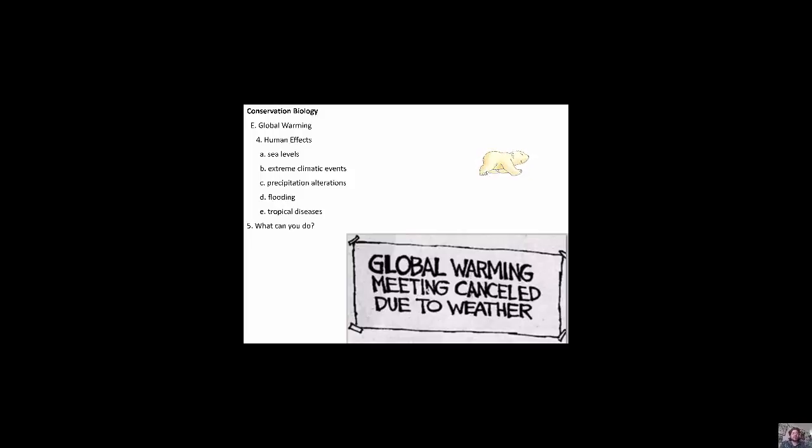So what can you do to try and manage global warming on your own? Decrease your personal use of fossil fuels. Even things as simple as turning off lights when they're not in use. Living with a little bit more sweat and keeping your AC at like 76 or 78 will cause it to come on less.